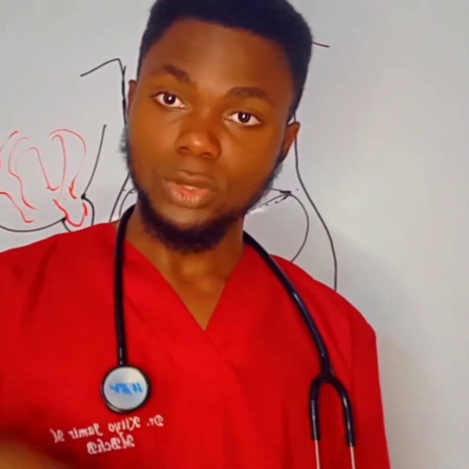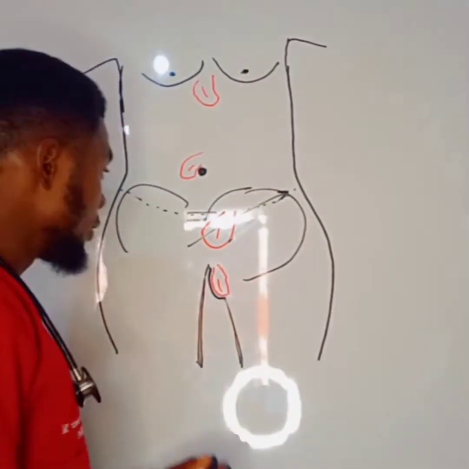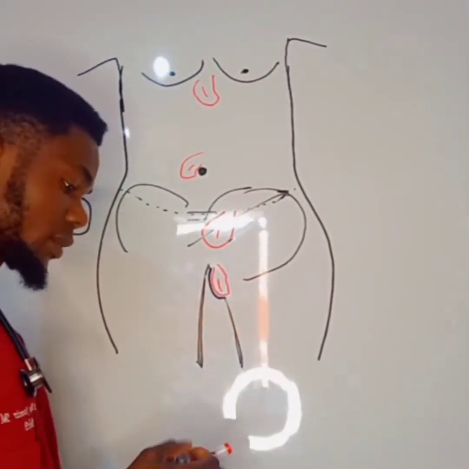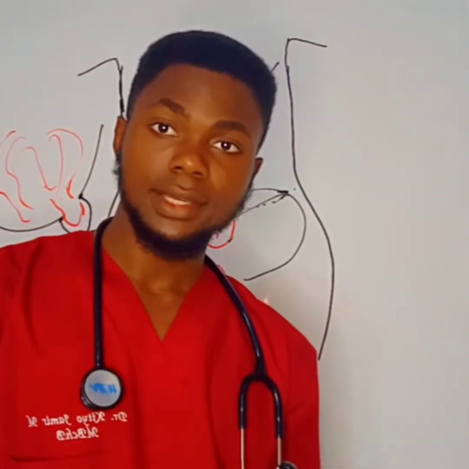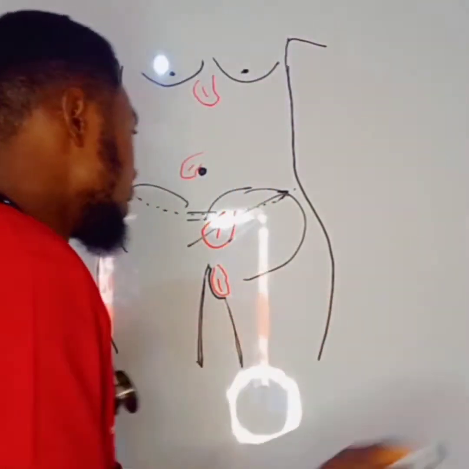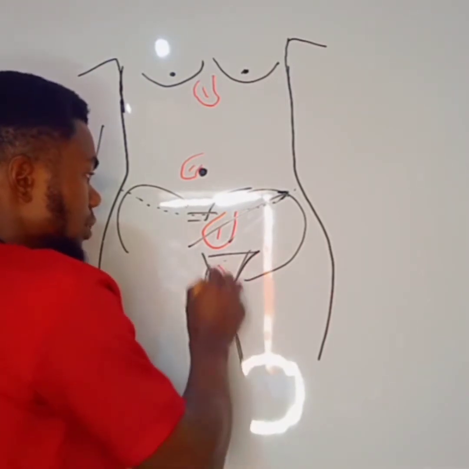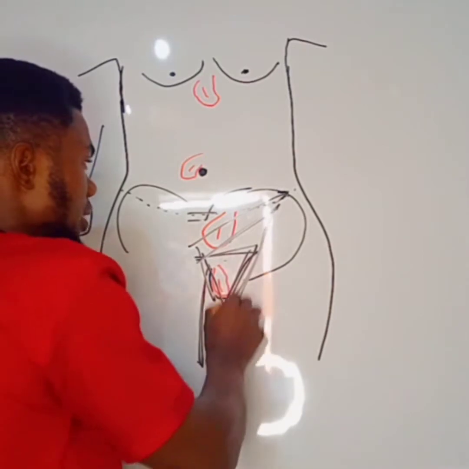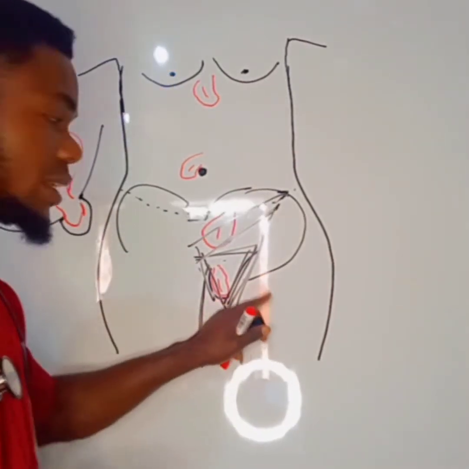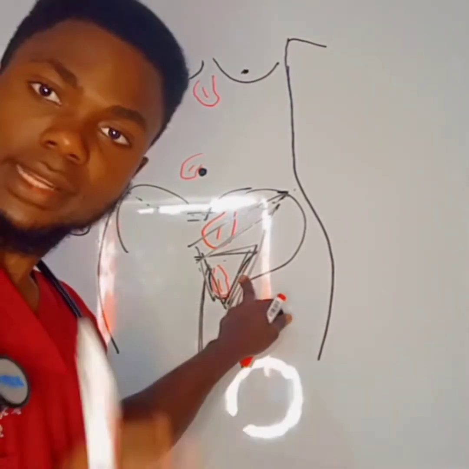So it passes below. For a femoral hernia, we have a canal here. When you look inside your thigh, just beside your genitals, we have a canal that is triangular in shape, starting from the inguinal ligament and coming down. This hernia is going to pass through this triangle and its canal.